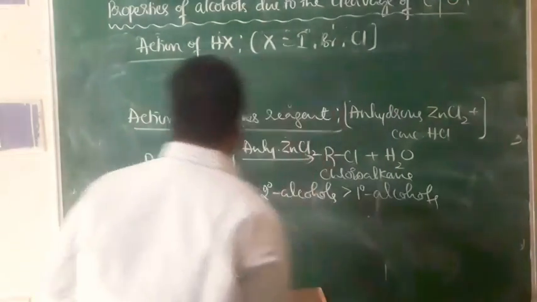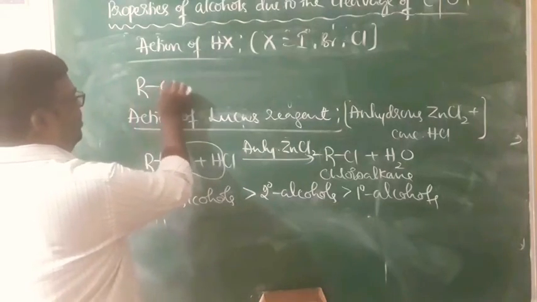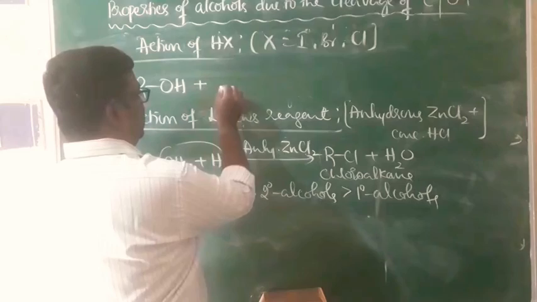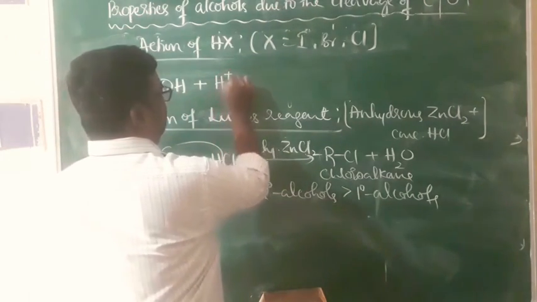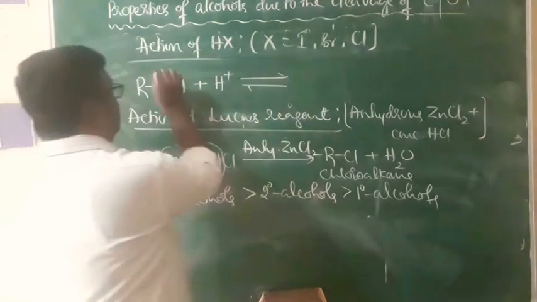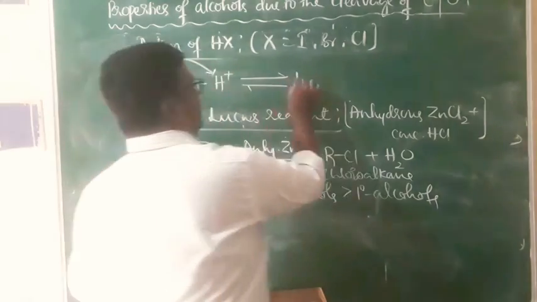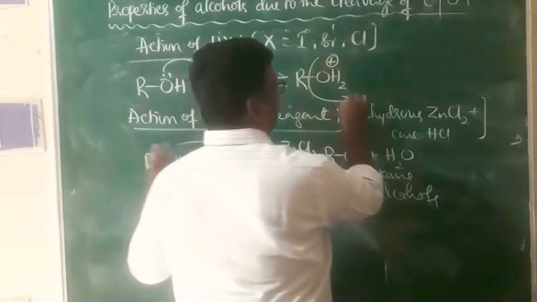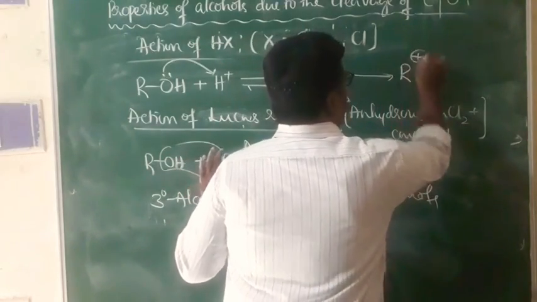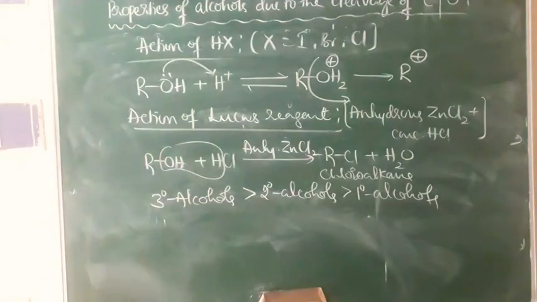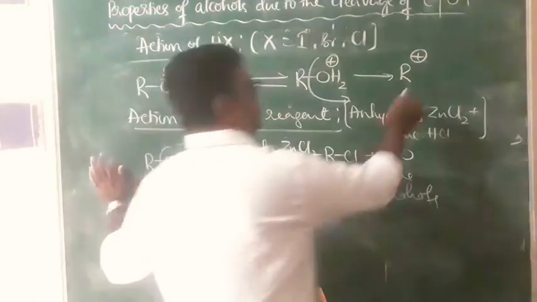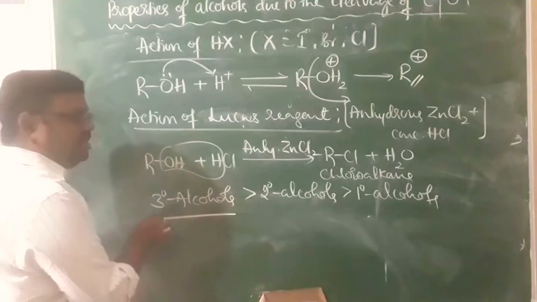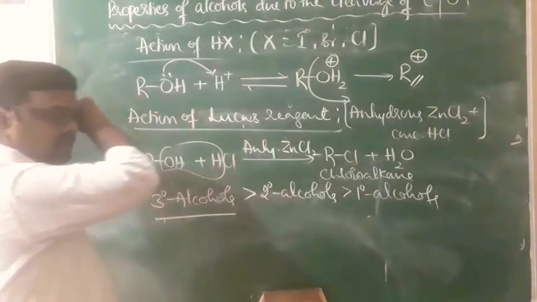The alcohol is protonated by H plus to give ROH2 plus, and water is taken out to give R plus. The reaction proceeds through the formation of carbocation.